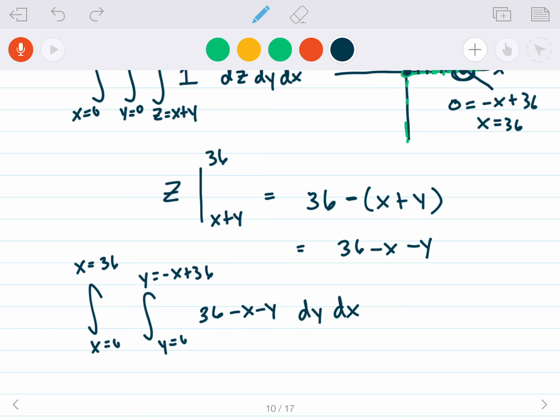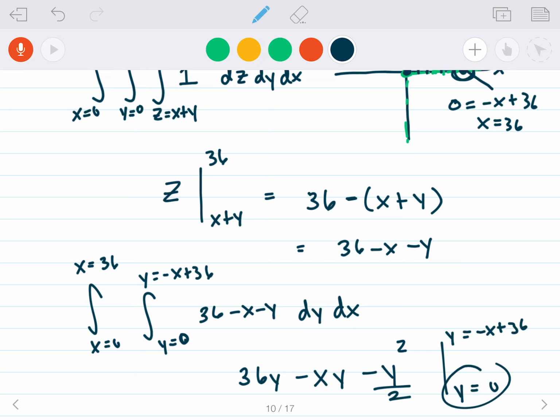So this is going to give us 36y minus xy minus y squared over 2. And we're going from y equals 0. I don't know why I put, it looks like a 6, but it's a 0. To y equals negative x plus 36.